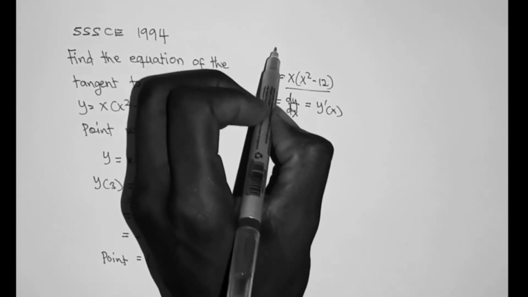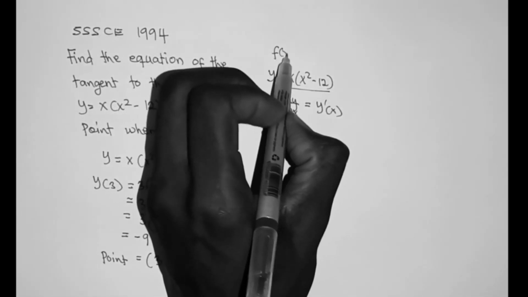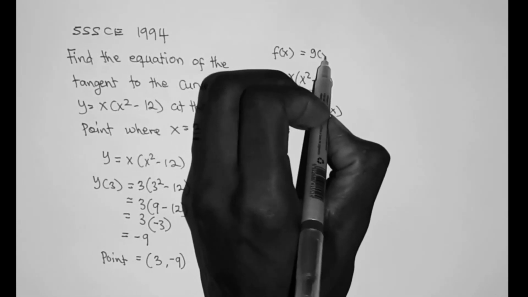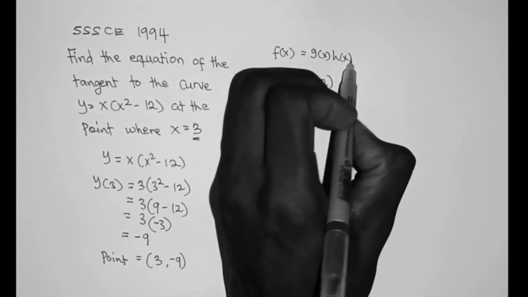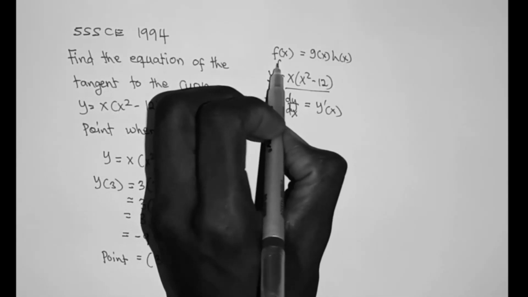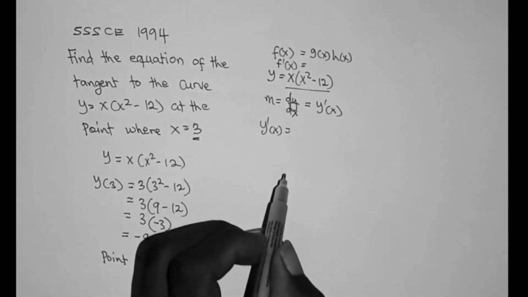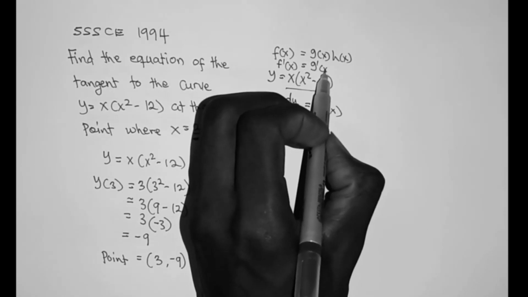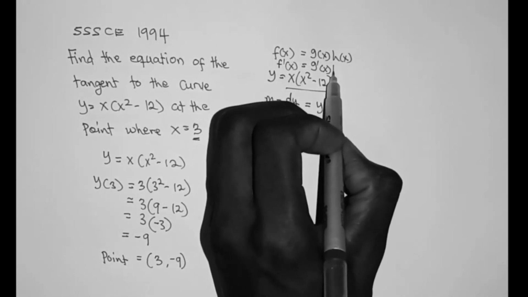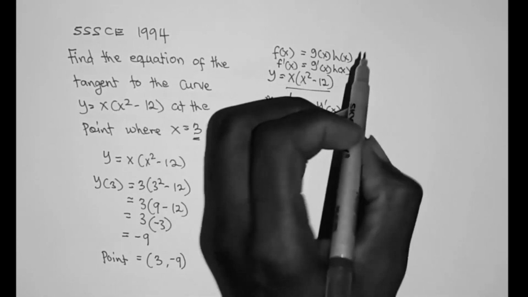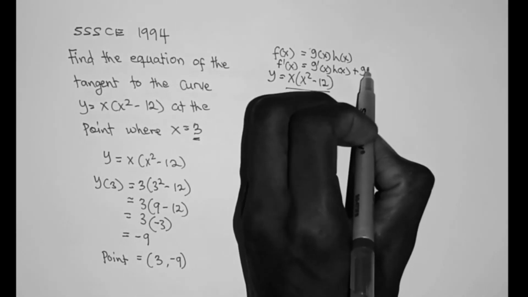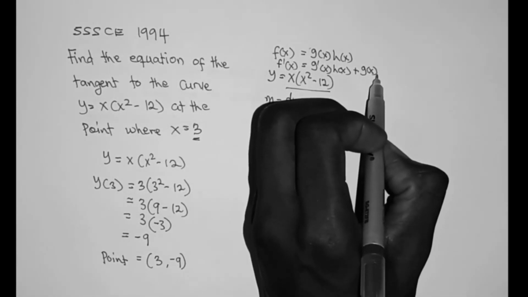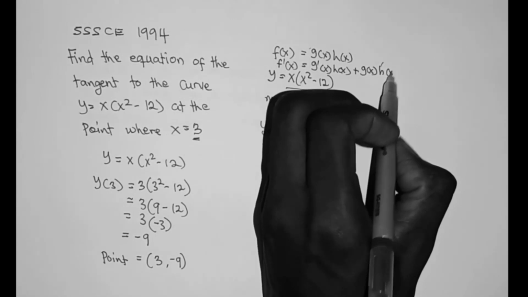For example, if we have a function f of x equals the product of two functions, g of x times h of x, then f prime of x is: you differentiate g of x to get g prime of x and maintain h of x, then you add it to g of x maintained, and you differentiate the h of x function, which gives you h prime of x.